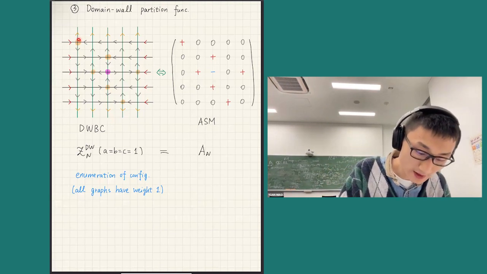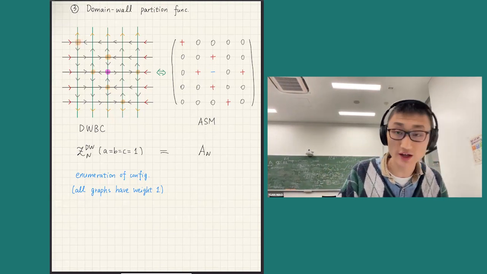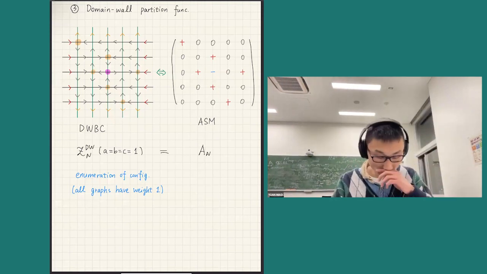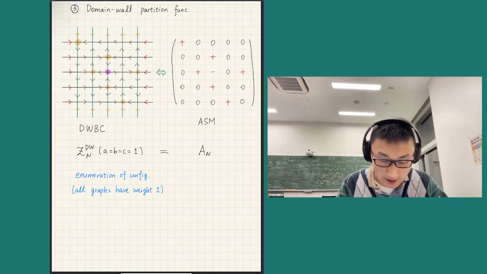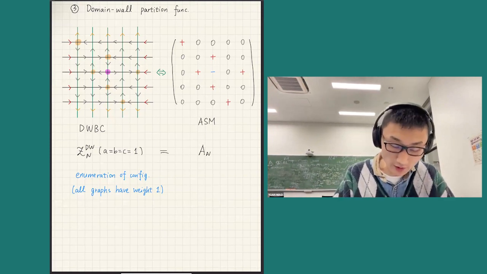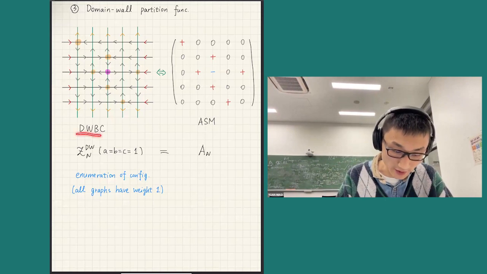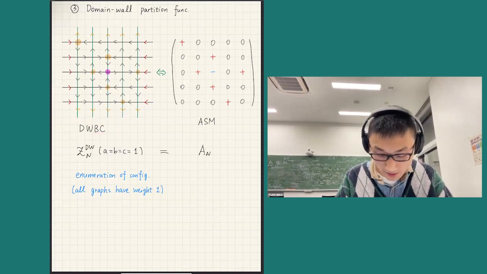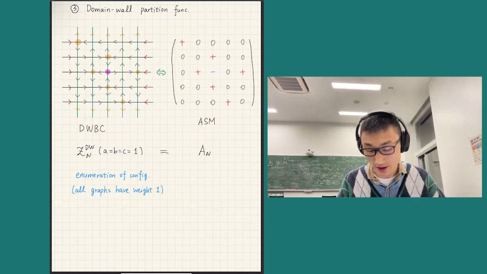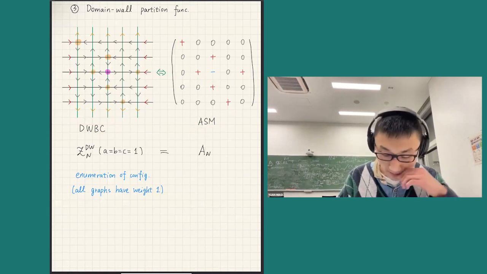So we know that it has to change the directions odd times. By identifying this fact, we can find a one-to-one correspondence between the configurations of the domain wall 6-vertex configurations and the ASM, the number of ASM.